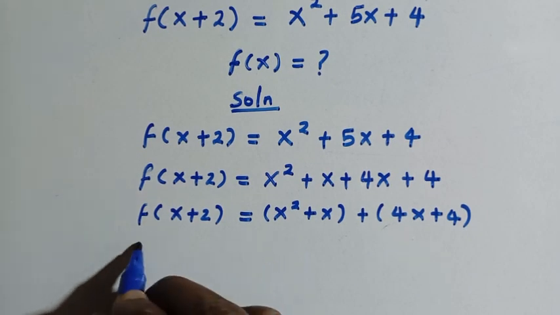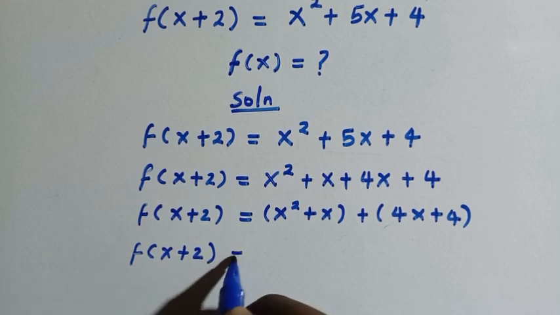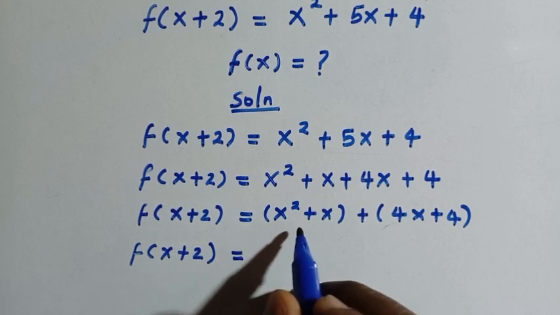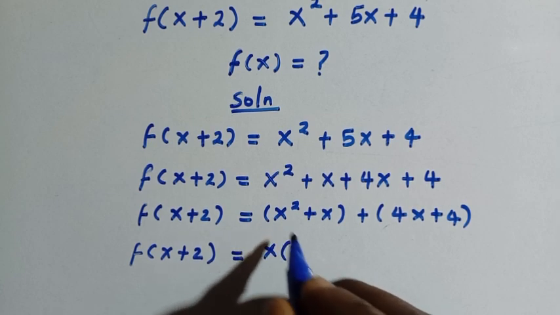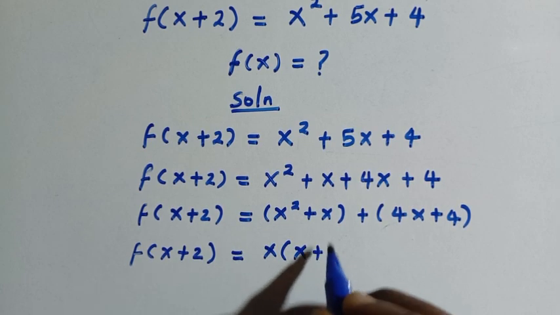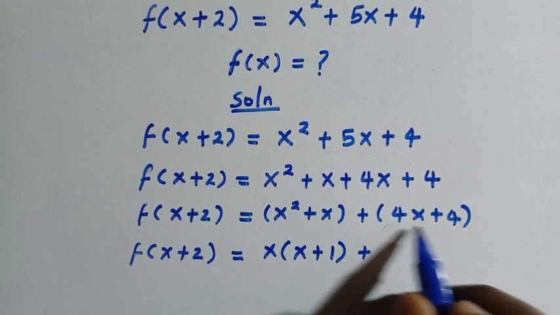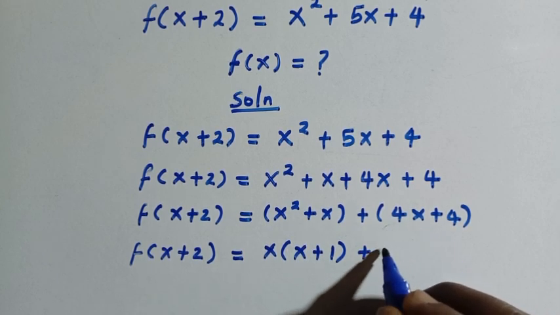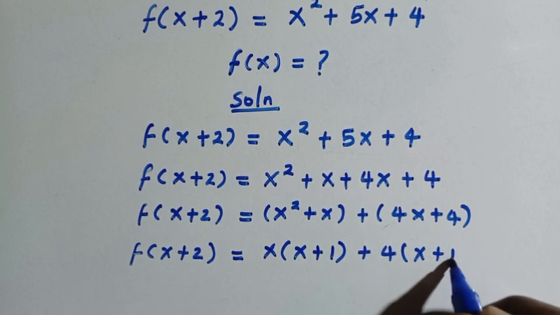So f(x + 2) equals, x is common here. Dividing x squared by x gives x, plus dividing x by x gives 1, plus, and what is common here that we can factor out is 4. By taking out 4, we have x plus 1.